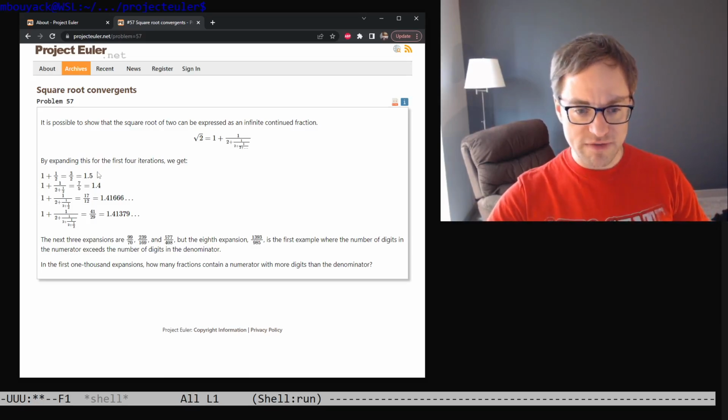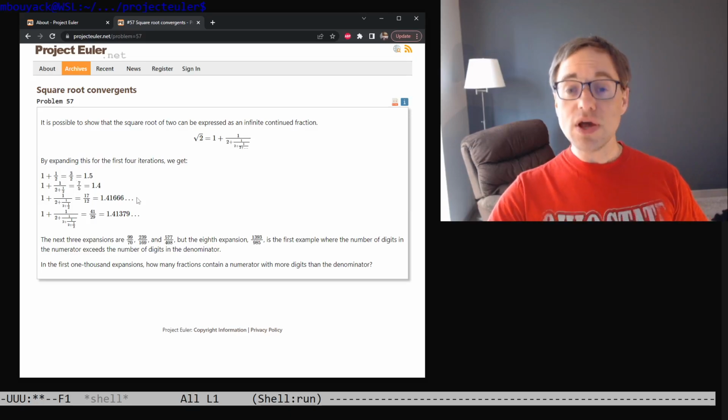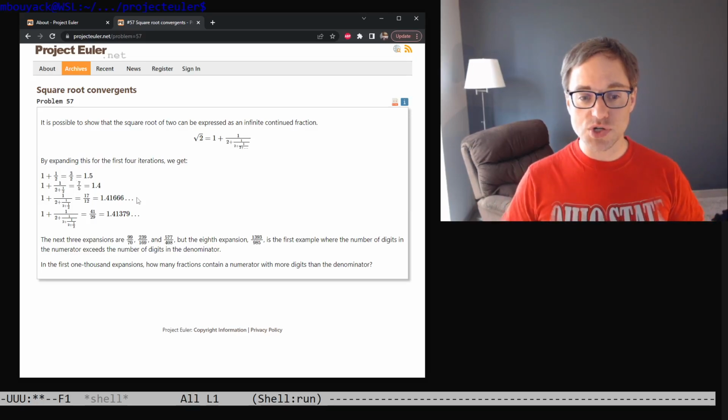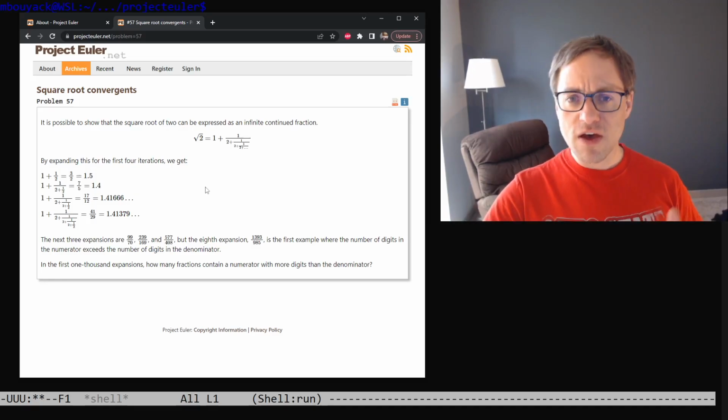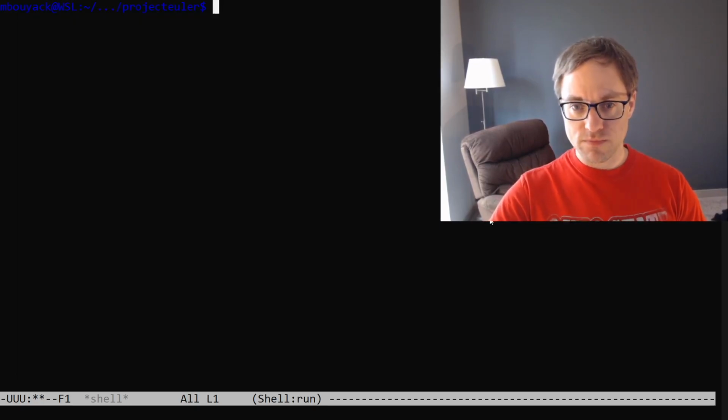For example, if this first element here was 300 over 200 instead of 3 over 2, we would want to represent that as 3 over 2, dividing both the top and bottom by 100. So how do we deal with that? Well, let's get into it.